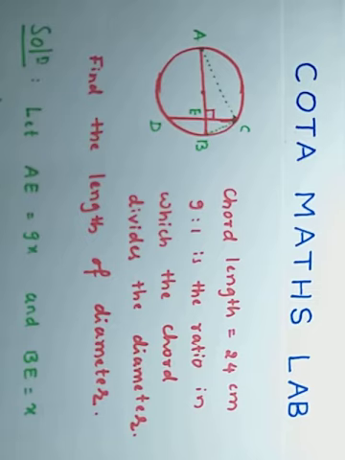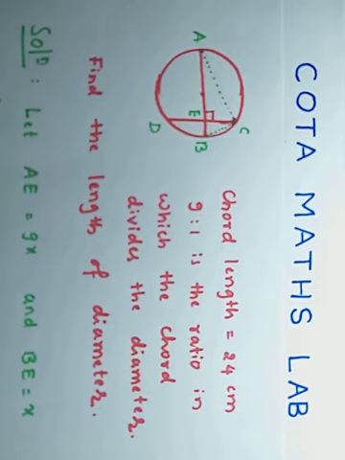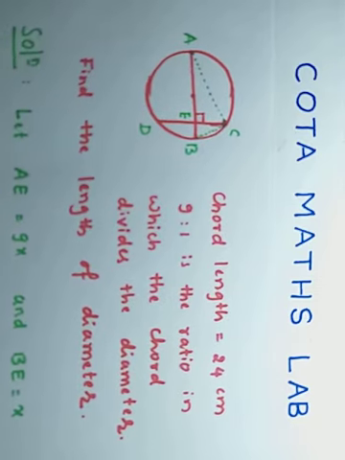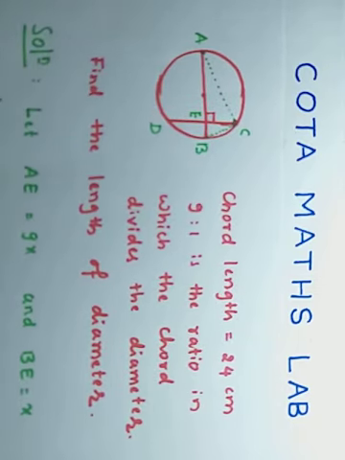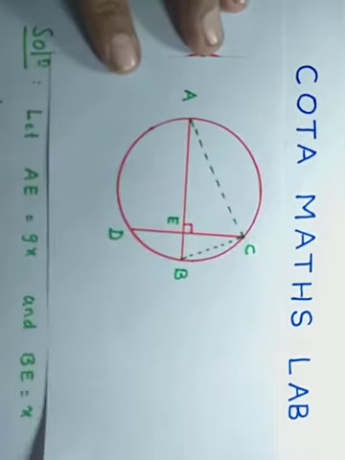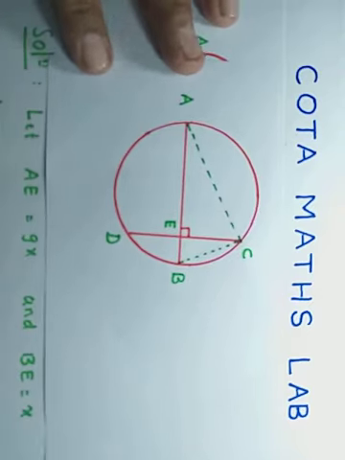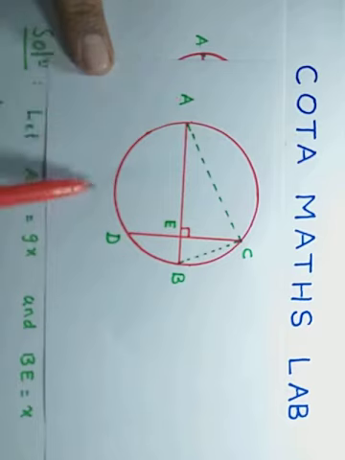Let us now see how we will be able to answer this question. The picture is a little smaller here, therefore I have drawn a bigger figure for you. Watch this carefully. Here is a circle.